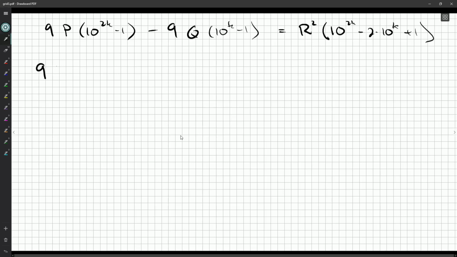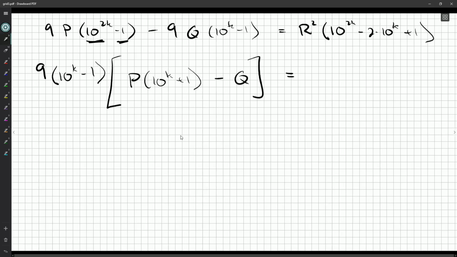I'm also going to be able to pull a 10 to the k minus 1 out of here, because that's a difference of squares right here. And so that'll leave me with p times 10 to the k plus 1 minus just q, and that's r squared, and this was 10 to the k minus 1 squared. So I guess I didn't need to expand that out.